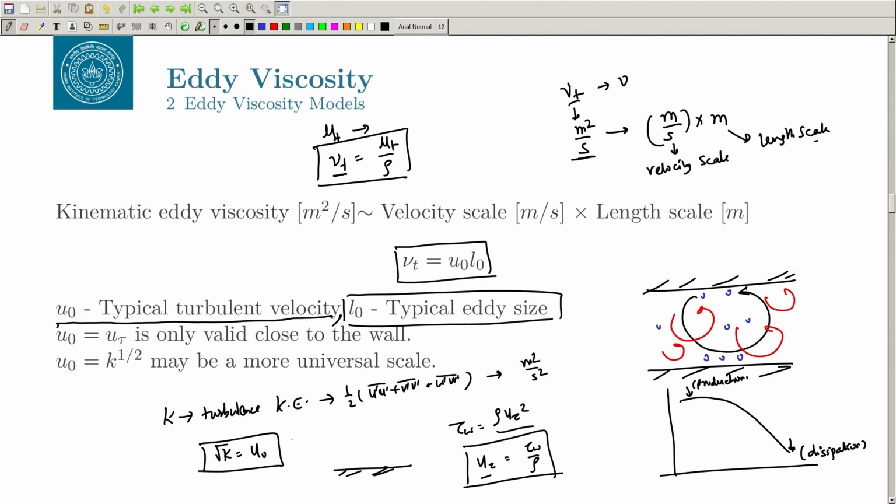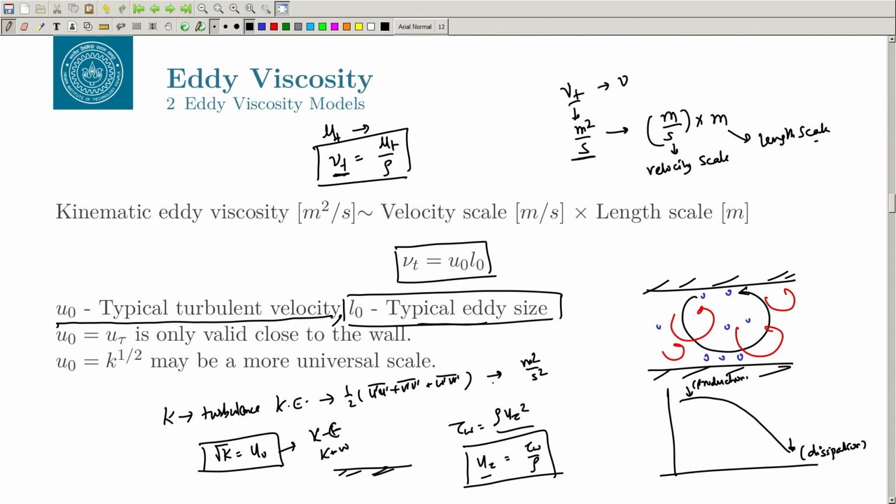Models like k epsilon, k omega, or SST k omega or any variant of these try to solve a dynamical equation for the turbulence kinetic energy, and then you need another equation because we need to find out the length scale also. The other equation will give you the length scale, and that is how you find the eddy viscosity using these two scales.